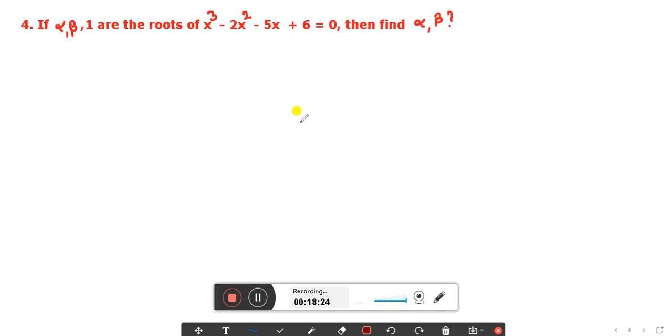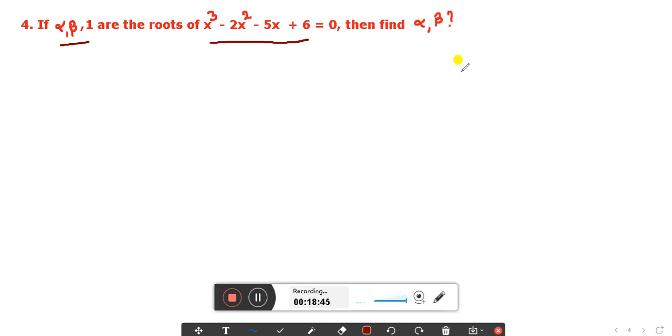Next question. If alpha comma beta comma 1 are the roots of x cube minus 2x square minus 5x plus 6, then find alpha comma beta. Alpha comma beta values we have to find here.